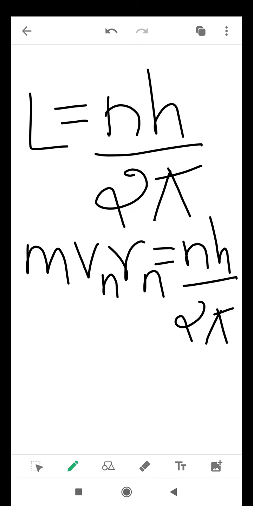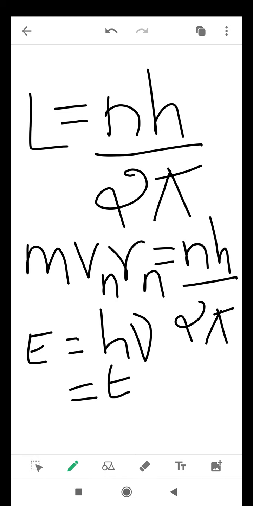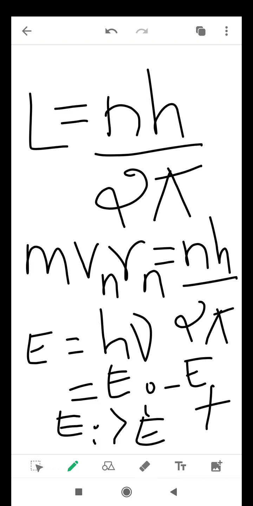So the energy of the photon is given by E equal to h nu, which can be written as E_i minus E_f, with the condition E_i is greater than E_f.